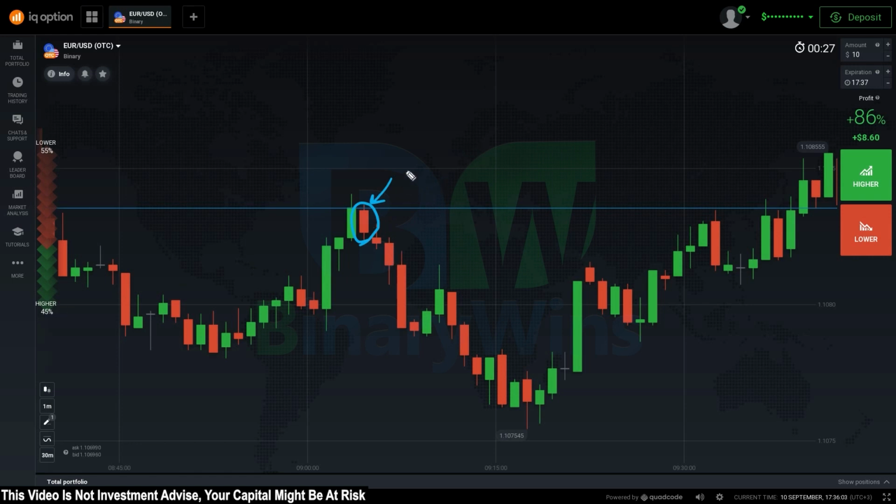This candle must have a shadow and a wick from above, which means that if our candle was like this, we would not use it for this rule.